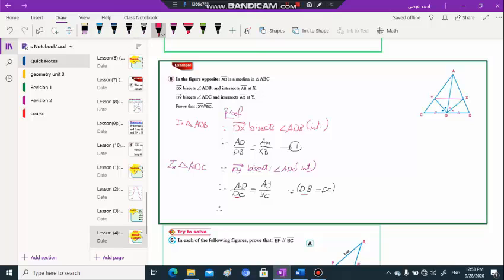So the ratio will be AD over DB equals AY over YC, and this is number 2.